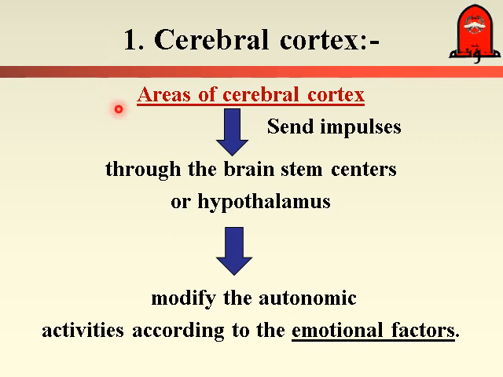This orientation about the stressful condition of the exam will send impulses to the midbrain and the hypothalamus, and this will produce an increase in the heart rate, palpitation, increase in blood pressure, and sympathetic stimulation that occur due to orientation through the cerebral cortex. If the subject does not have a cerebral cortex, he will not understand that there will be an exam today or tomorrow, so that there will be no changes in the body according to this emotional factor.